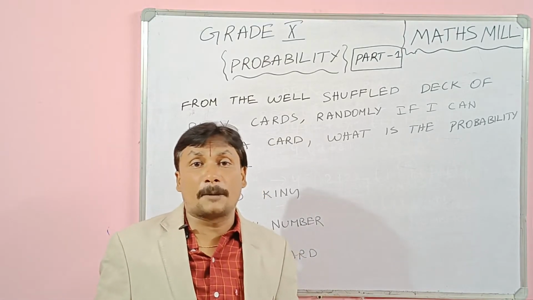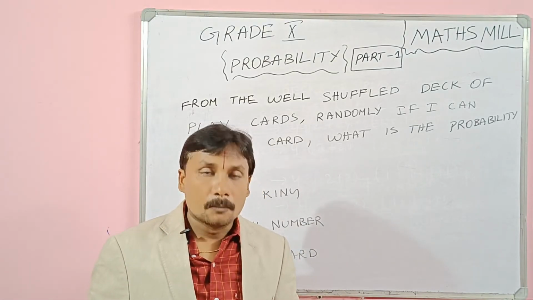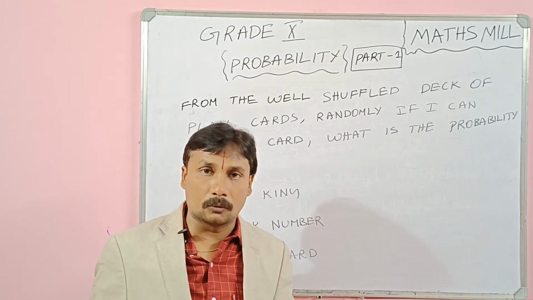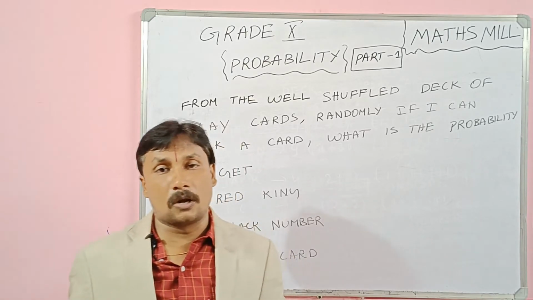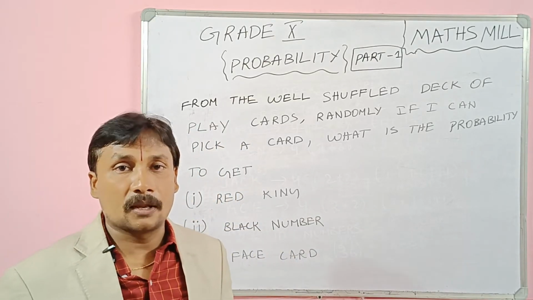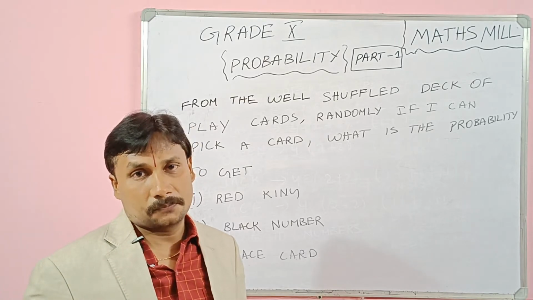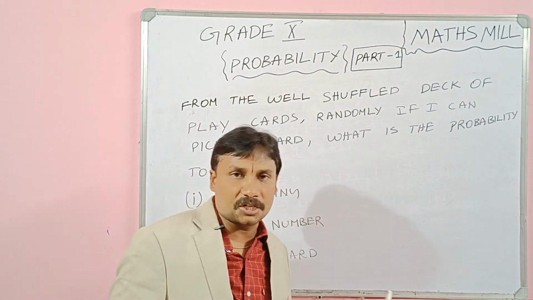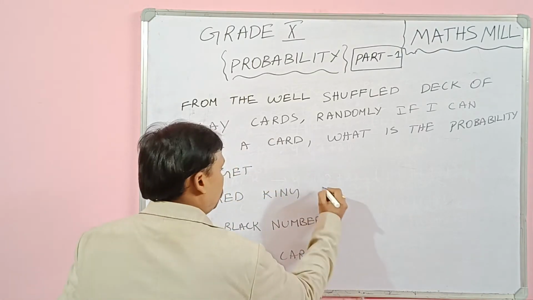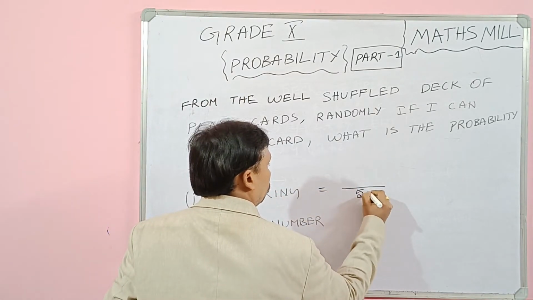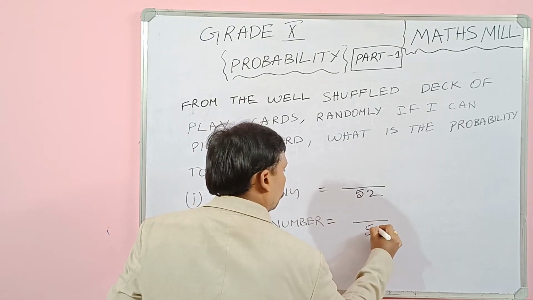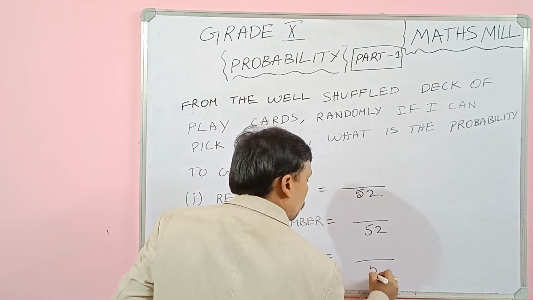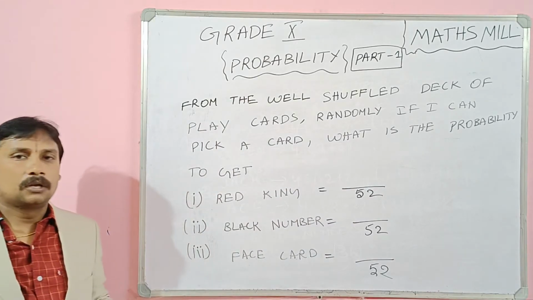Recall the probability formula: probability of an event is equal to the number of favorable outcomes by the number of total outcomes. Here the total outcomes for every question is 52. When will it change?